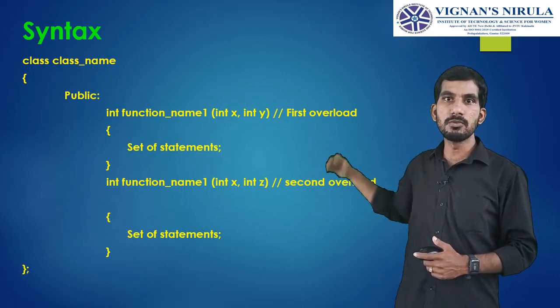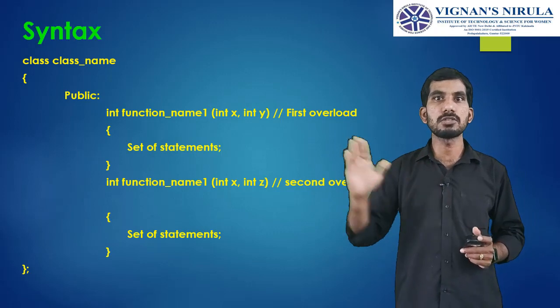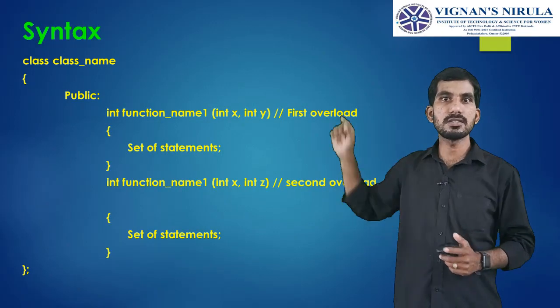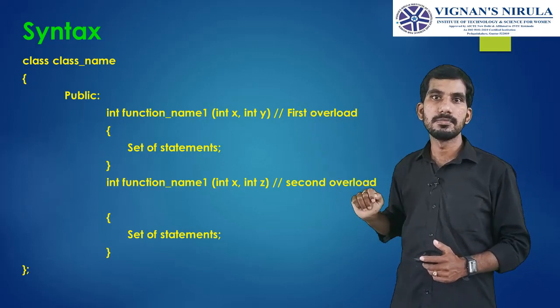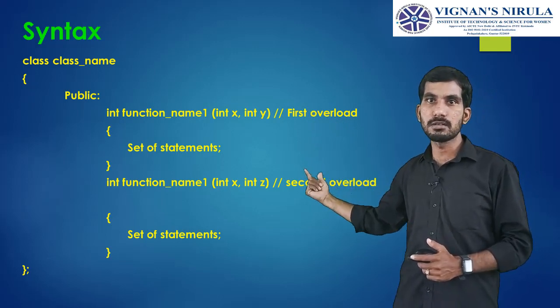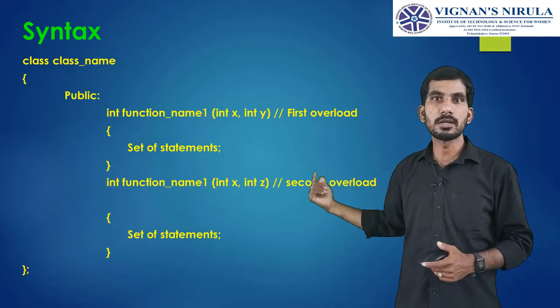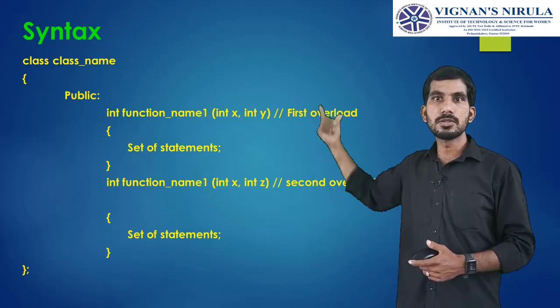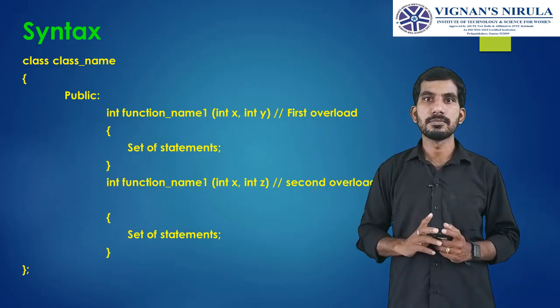If we pass the same type of parameters, that is not function overloading. So we need to pass different parameters, but the function name is the same. Within the second function we write some statements, and then we close the class. So this is the simple syntax for method overloading.